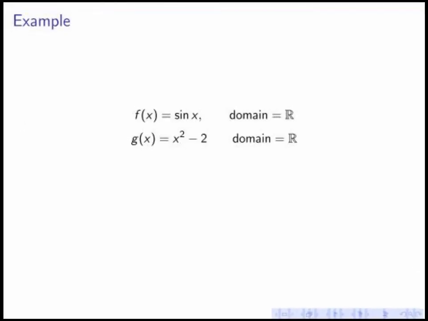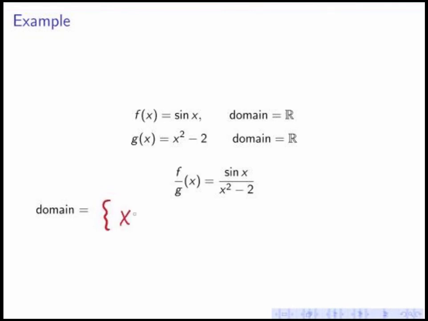Okay, let's look at one example. We have the function f of x is sine x, the domain is all real numbers, and the function g of x is x squared minus 2, and the domain is all real numbers, and I'm interested in the ratio f divided by g. So this is a new function f divided by g of x, which is sine x divided by x squared minus 2. Now the domain, first you might think it's all real numbers, however, you see the denominator could be 0, and we cannot divide by 0.